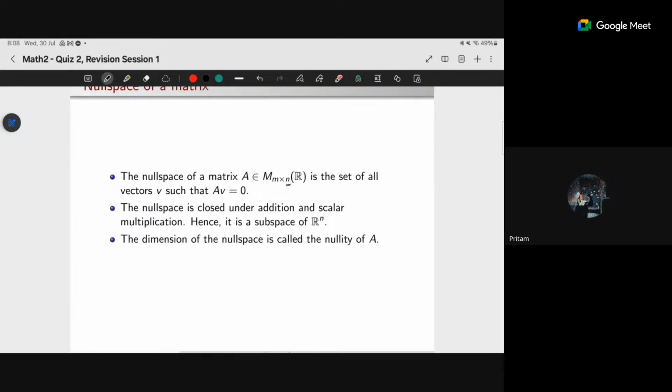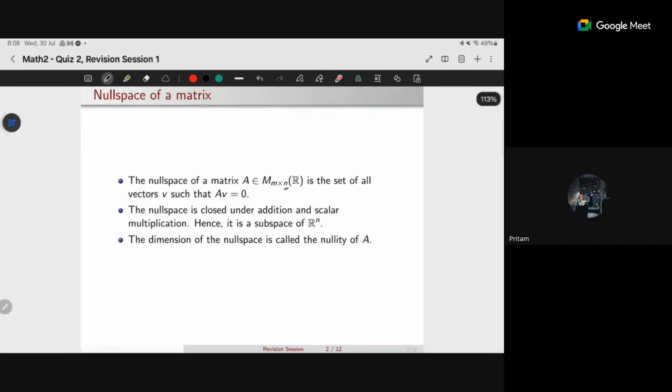This n is where the vector V will be. So if you collect all the vectors which satisfy this equation AV is equal to 0, then you'll get a subspace.